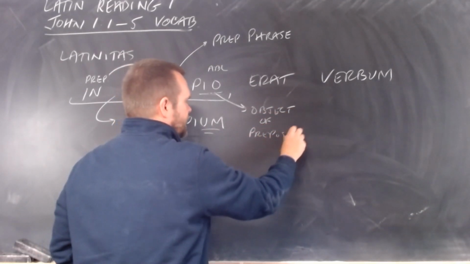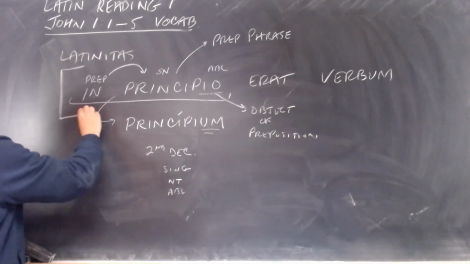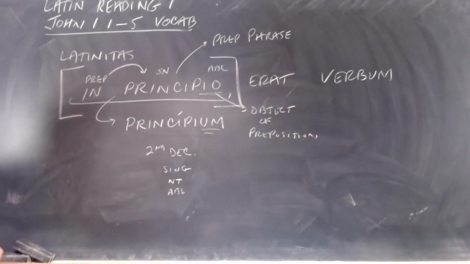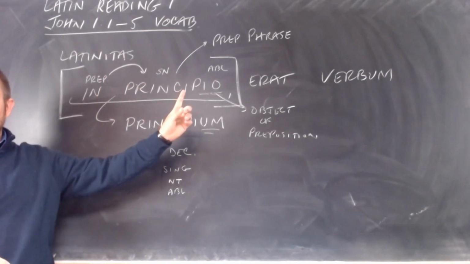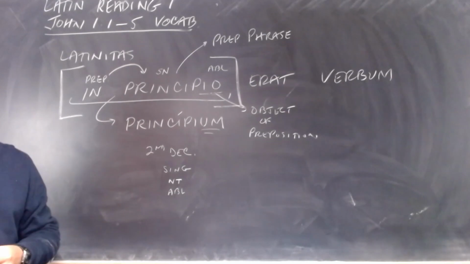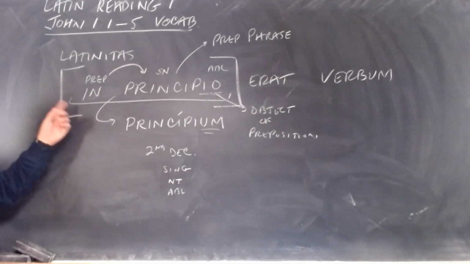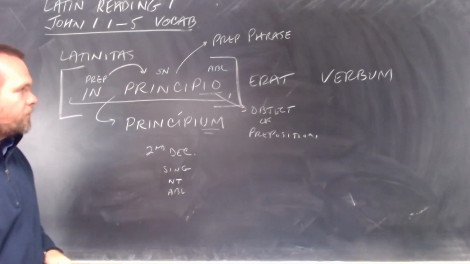And when we translate, we treat this like one part of the sentence. You see that? The preposition and its noun are treated like one part of the sentence. You got that? In principio erat verbum.